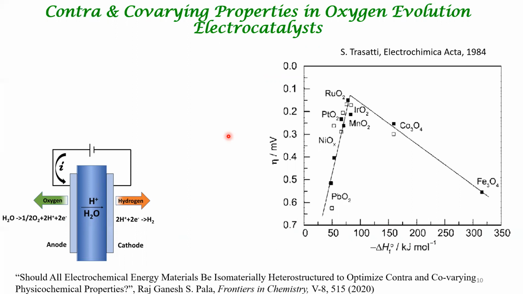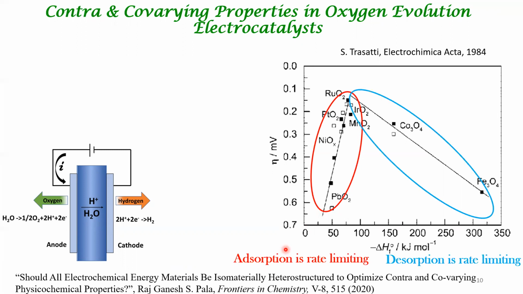look at the Volcano plot introduced by Trasatti many years ago. Typically, there are two legs of a volcano determined by certain events which are limiting absorption. Sometimes in this leg, certain desorption is being limited.